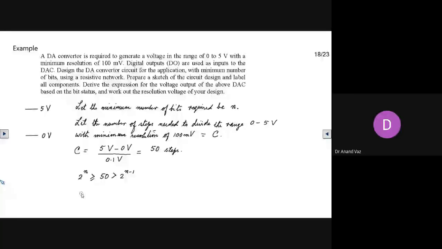So we'll have to go to 2 raised to 6, which is 64, and 50 is certainly less than 64, and 2 raised to 5 is 32.